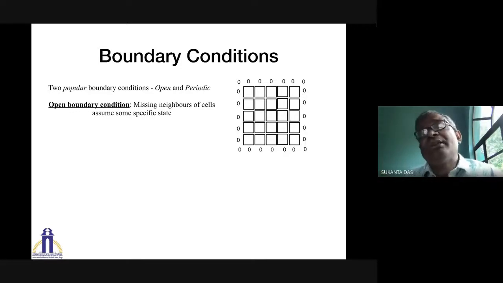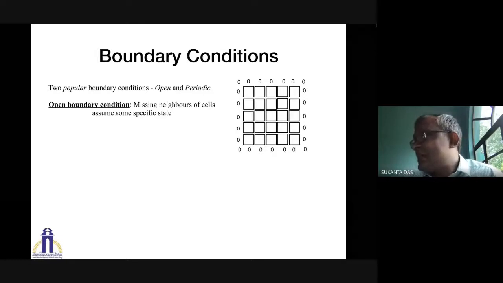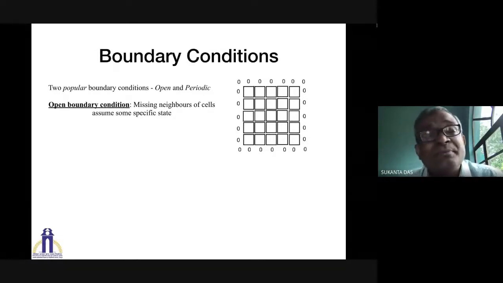Instead of 0, you can assign another state, say 1. So if your state is something other than 0, that specific state is assigned to these missing cells. So this is open boundary condition.